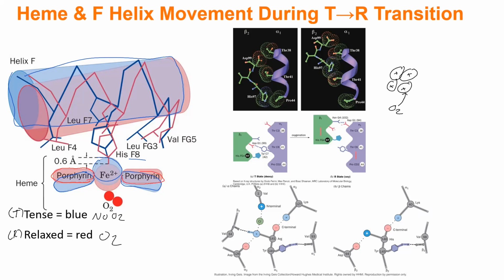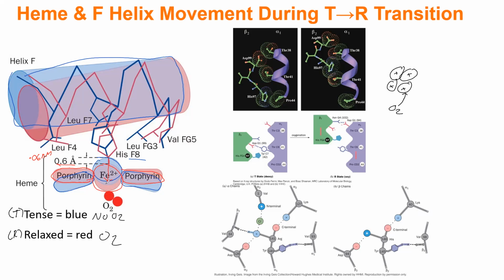So oxygen comes in. When oxygen comes in, your iron molecule, which is positively charged, moves 0.6 angstroms towards that oxygen, which is 0.06 nanometers. So it doesn't move far, but it moves a little bit towards that oxygen.